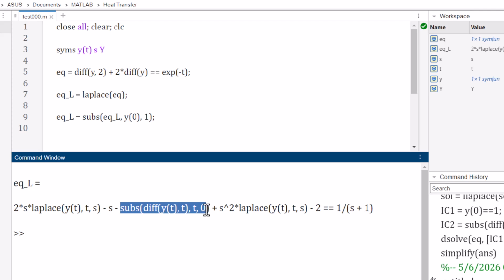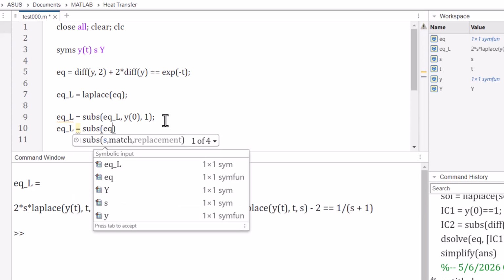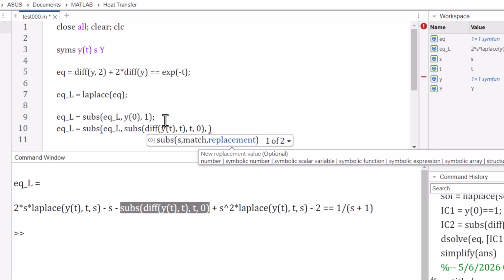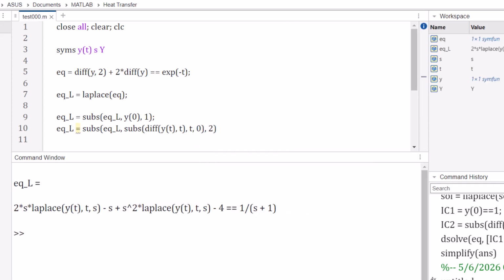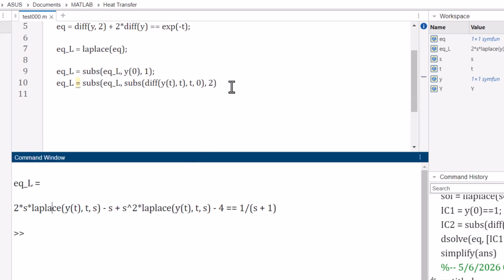And instead of this term, I'm going to put my second initial condition. So in equation L, instead of this term, I put 2, which was my second initial condition. Now I run the code and I can see it has become simpler again.